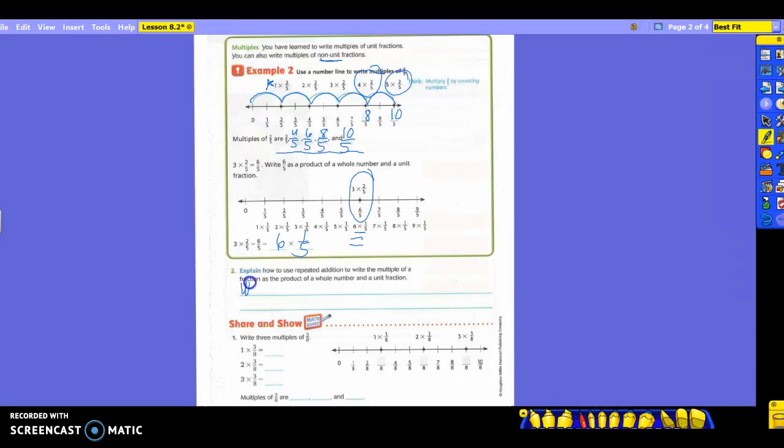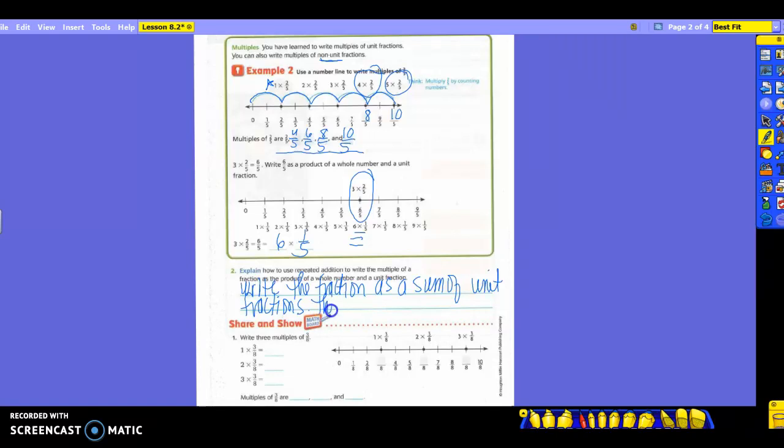So write the fraction as a sum of unit fractions. What's the repeated addition going to show you? How many times you're doing that, right?